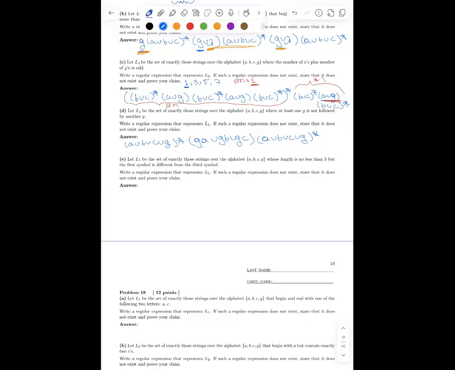Because it's at least one, that's why I wrote GA, GB, or GC, because this makes the scenario at least one G is not followed by NG.